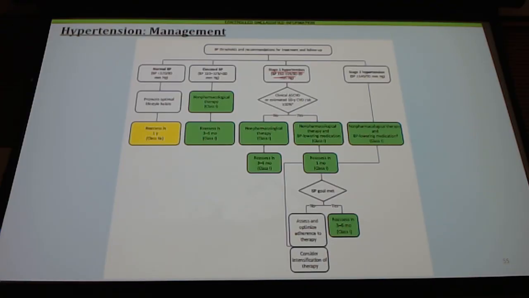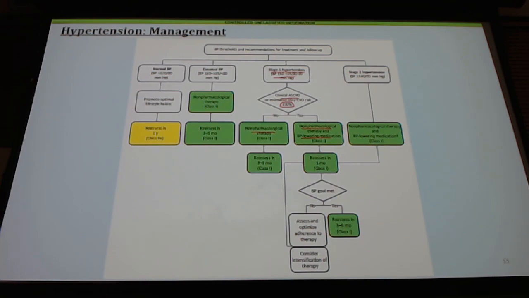They want you, if you have this patient, to assess their clinical ASCVD risk, and if they have greater than 10%, then you're going to do a non-pharmacologic therapy and a blood pressure lowering medication. If they are less than 10%, then they usually recommend a non-pharmacologic therapy, so lifestyle changes.